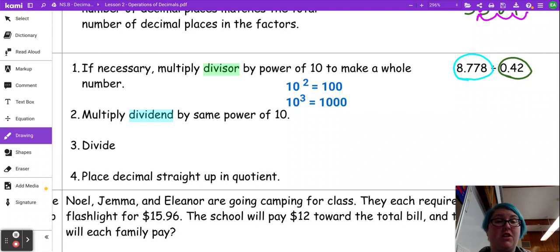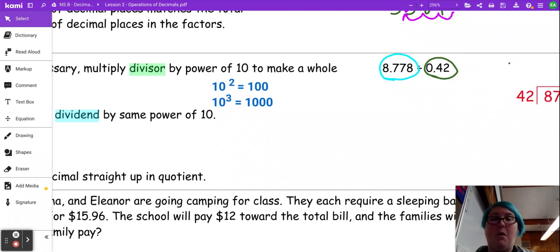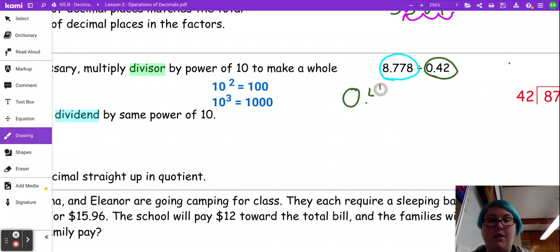Now, first, we're going to start with the divisor. So you'll see over here that is 0.42 or 42 hundredths. So we are going to do 0.42 times 10 to the second, moving this decimal 2 places, which would be 42.